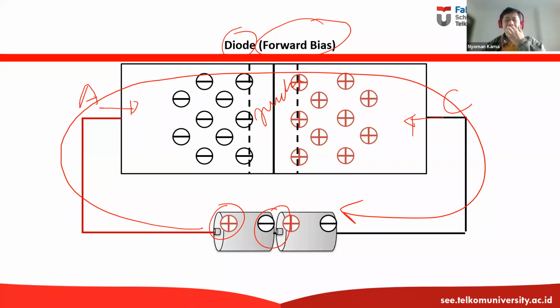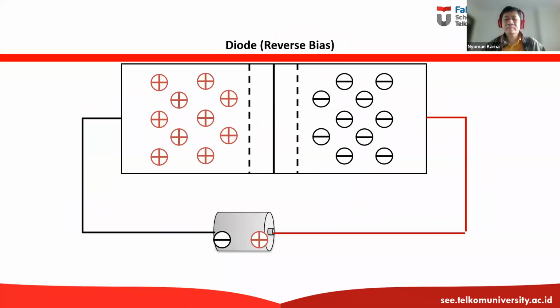Now, how about if I change the polarity of the battery? I put the positive into the cathode and put the negative into the anode. Remember, positive will not push the negative, but it will attract the negative. So it will move toward here, and this positive type ion will push toward here.